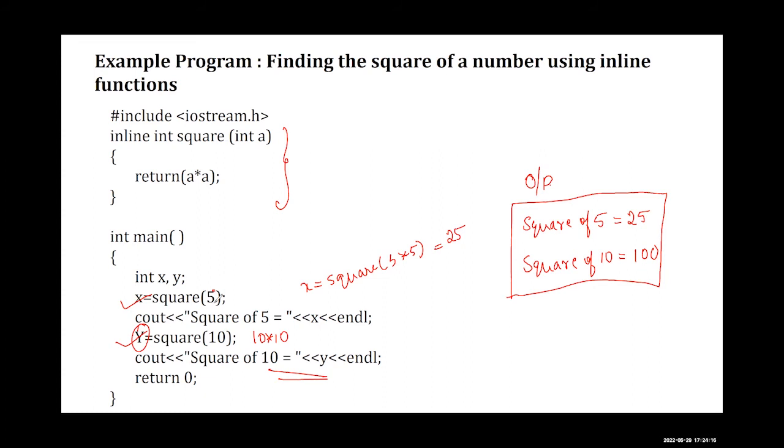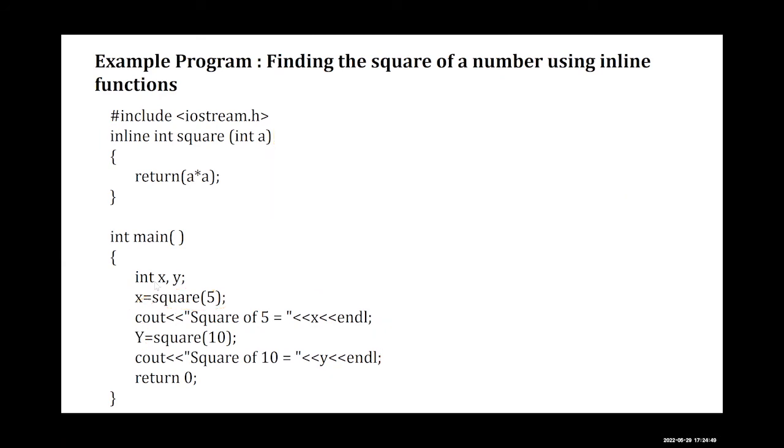Only thing is that whenever the function call comes, you will not be able to realize it, but it happens at the compiler end, called expansion, where the function call is going to get replaced. I'm saying once again, the function call is going to get replaced with your function definition. So this is happening over here as well as here. So whenever you're calling, the entire code is getting copied to the function call, and then it is going to get executed in the main itself, right? So let's move on. So this is the output.